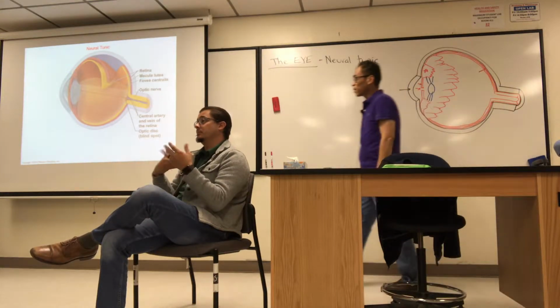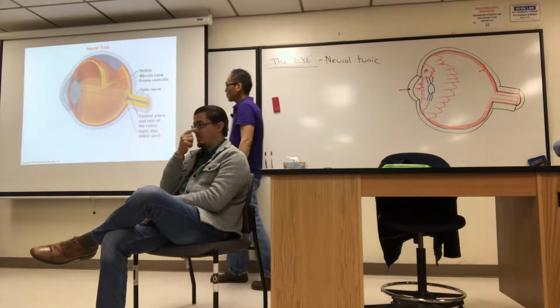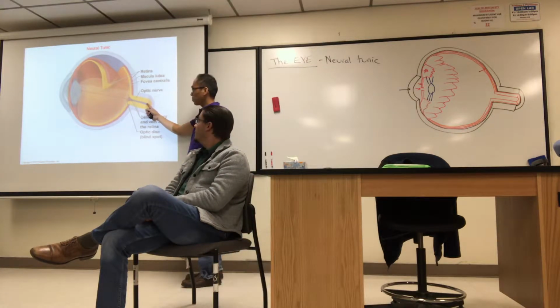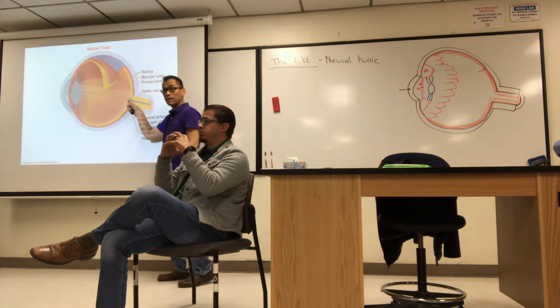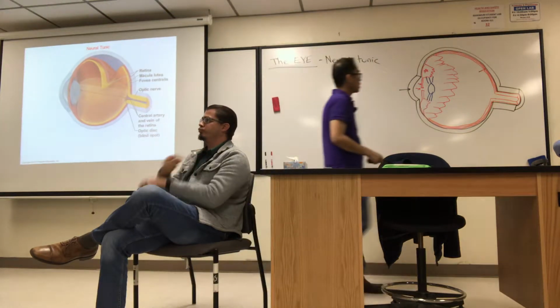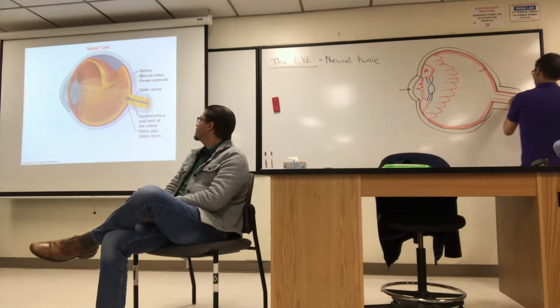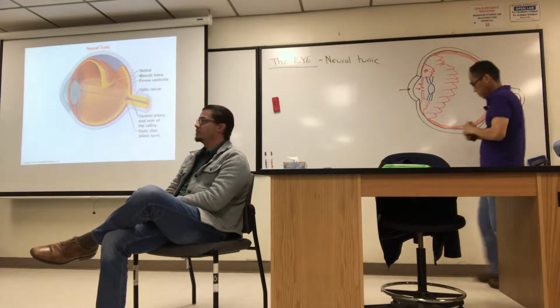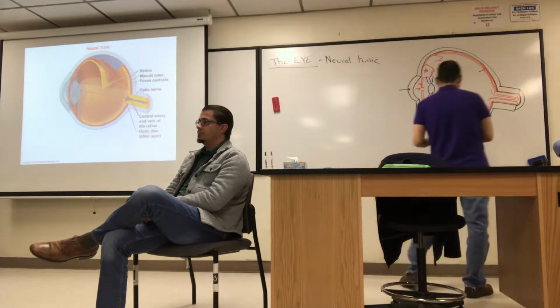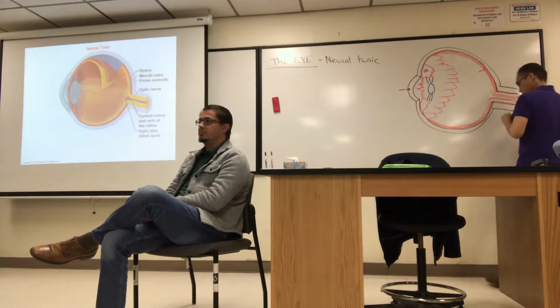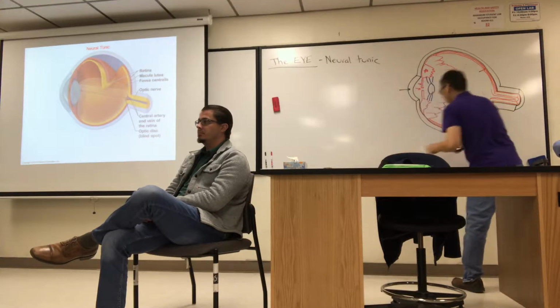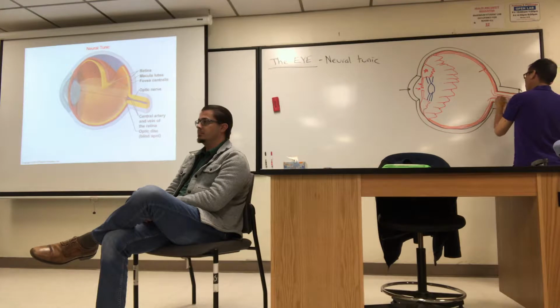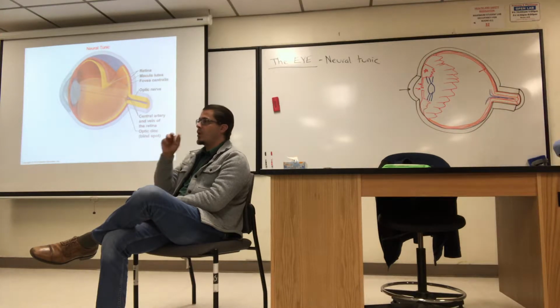Anyways, if you look here, there's a space in the middle for the blood vessels to emerge inside. I'll just draw some arteries and veins coming in there for the blood supply.